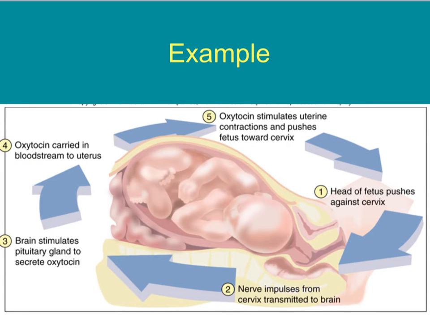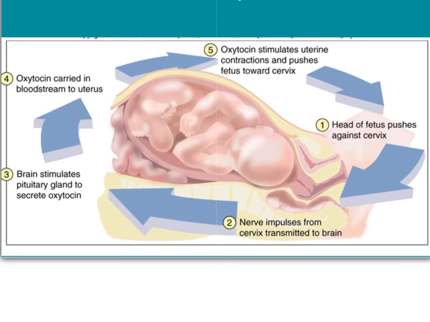This is just an example of what happens. The head of the fetus pushes against the cervix. This tells the body via nerve impulses that the brain is going to stimulate the pituitary gland to secrete a chemical called oxytocin.